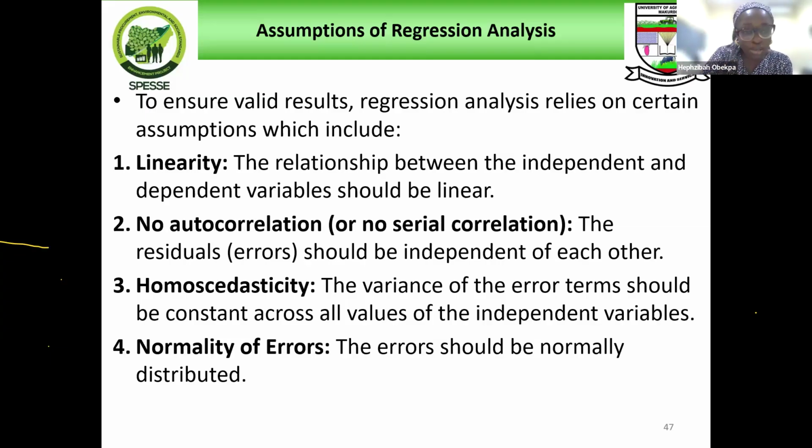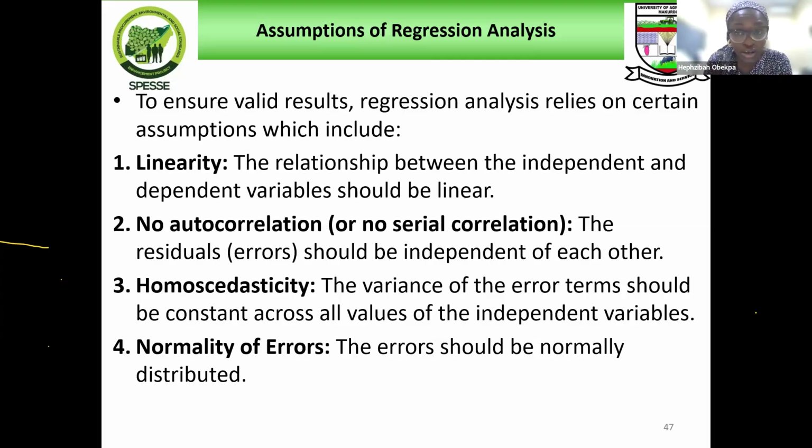And again, homoscedasticity is just like autocorrelation. You cannot determine it with your eyes. There's a test you perform to know whether your observation is homoscedastic or not. If it's not homoscedastic, you can always correct it before you move on to your regression. But if any of these assumptions have been defied and you move on to do your regression, then you're saying your result is not valid.